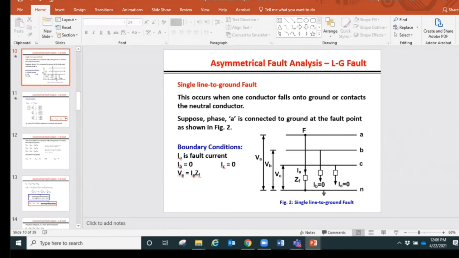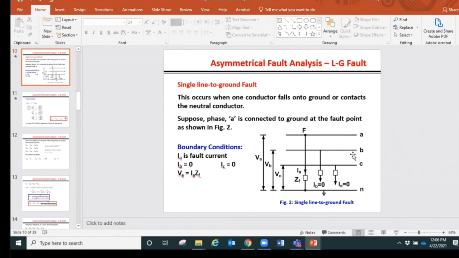Only one thing we change: if in a real-life example we find that there is a fault on the line B, not on A, we keep all these equations the same, but we will label that B as A. So we'll call it A, this one will become B, and that one will become C. You understand? We don't need to change any of these equations and the following equations.